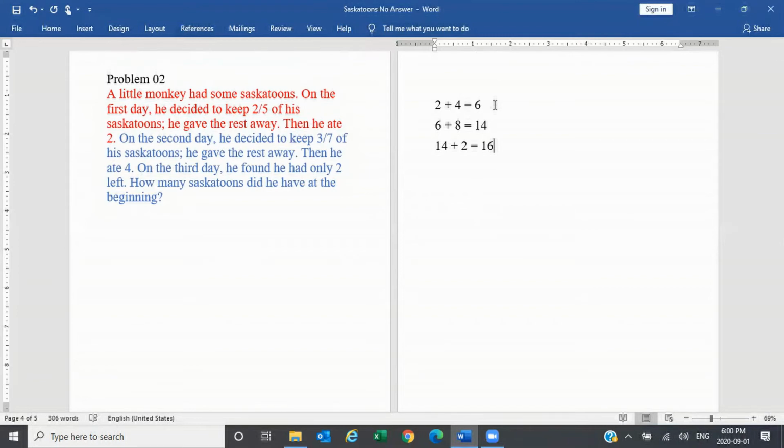So I'm going to draw a circle and we're going to separate it into fifths to really show the 2/5 he has, so we actually know how much 1/5 represents. How's this? The fifths on the circle are not equal, but I mean them to be. Okay, so he kept 2/5.